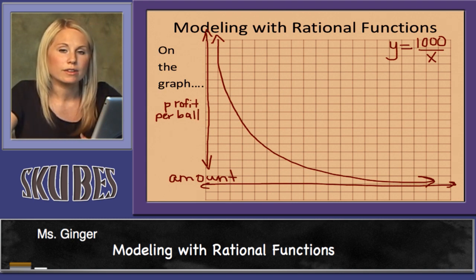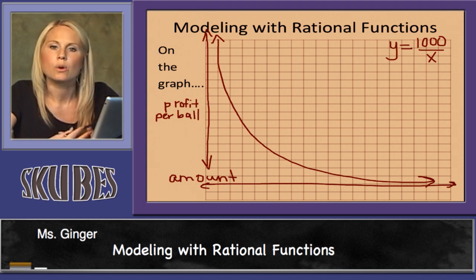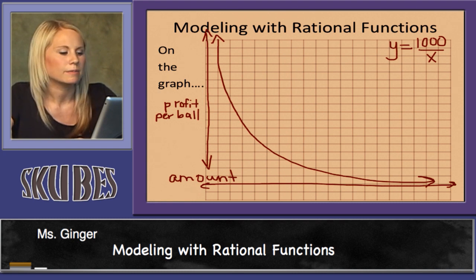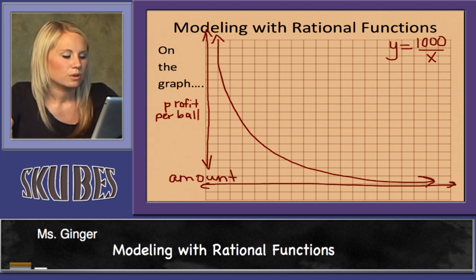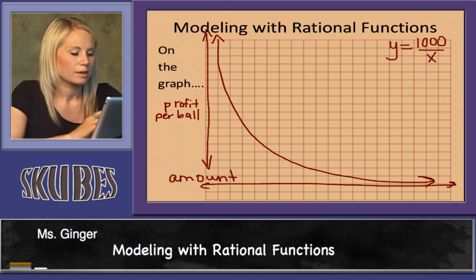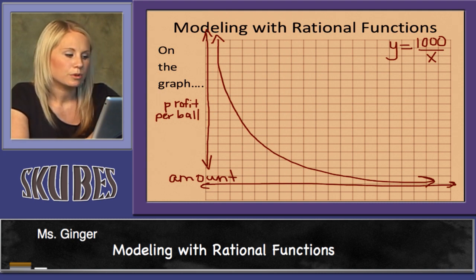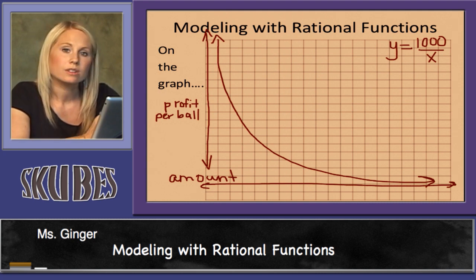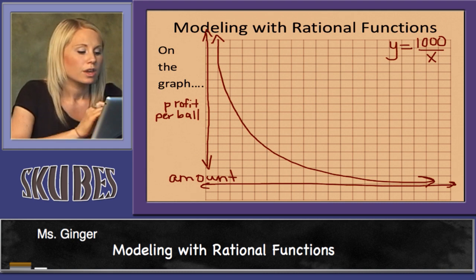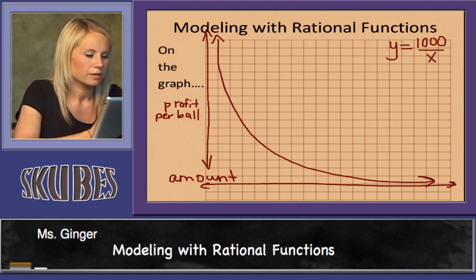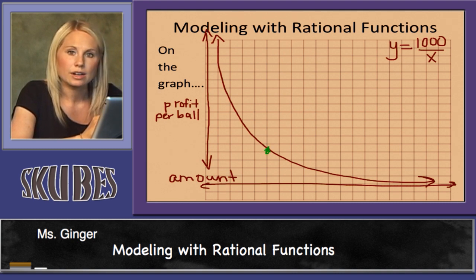According to our profit of $1,000, let's say that was a goal that we set for ourselves to make that. This graph shows us the combinations of amounts that would be produced and what it would match in terms of profit per ball. So if we pick any point here, we can compare those two things. We would find our x value here.